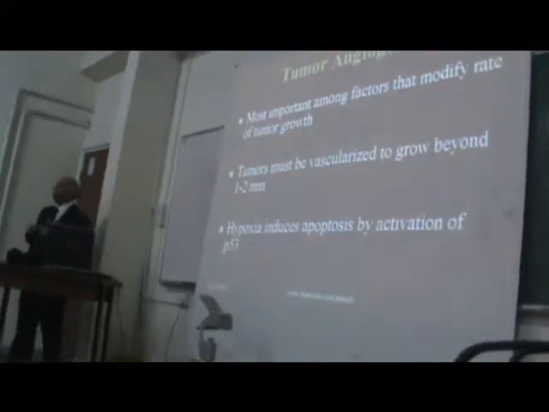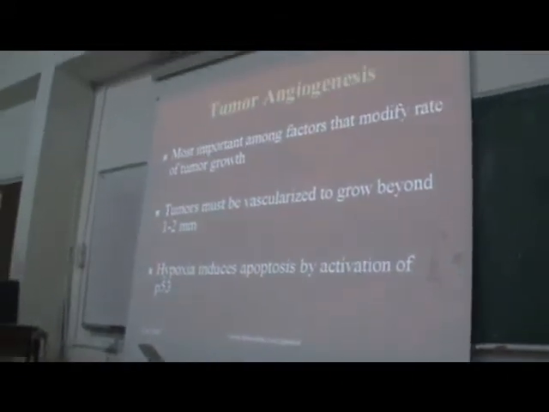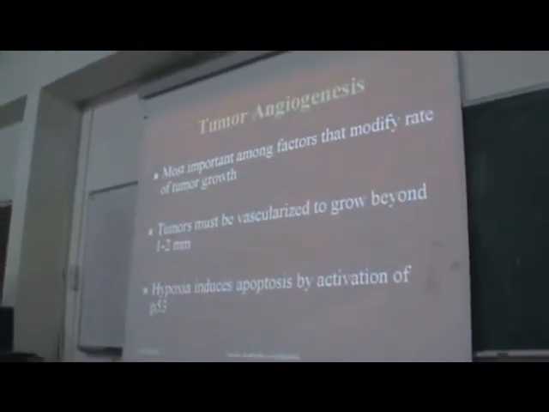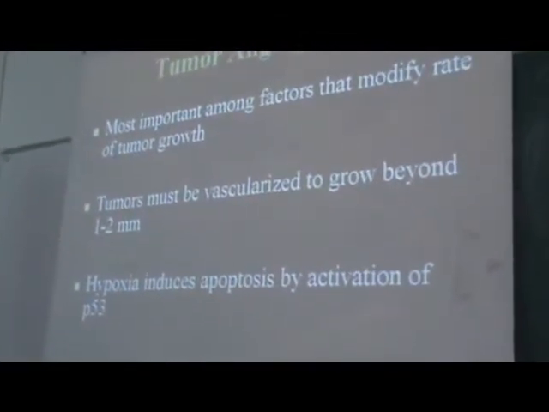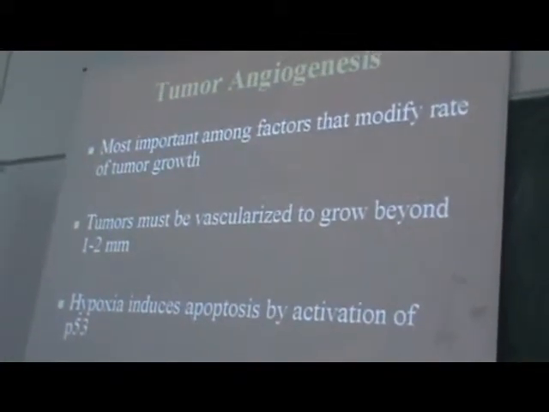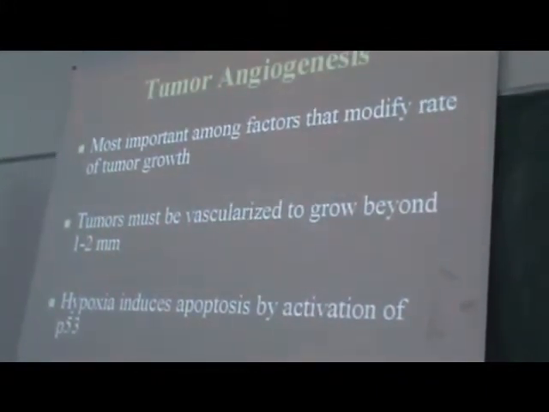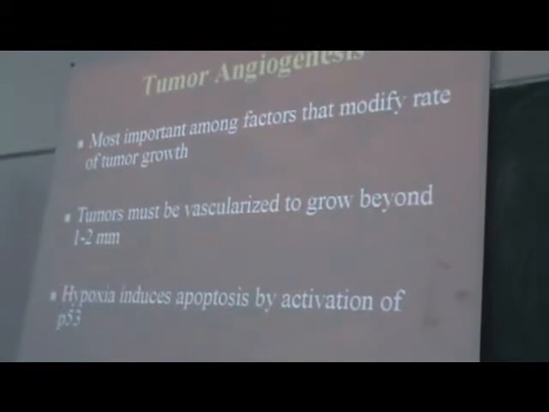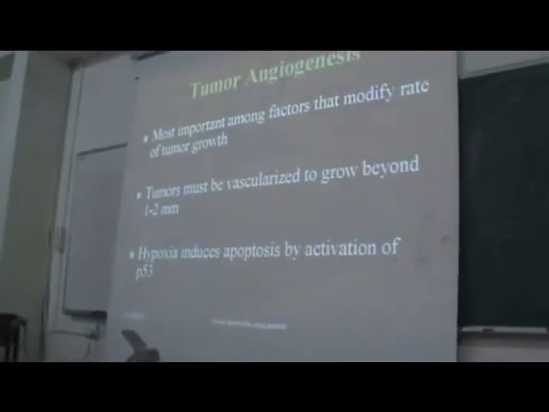One of the important principles is tumor angiogenesis. The tumor is unable to survive unless there is a blood supply for it. The malignant cells are capable of inducing their own blood supply. In order to survive, tumors need a network of blood supply.